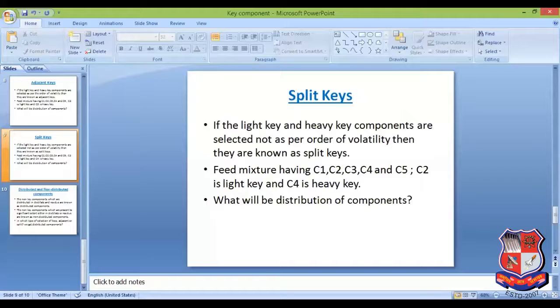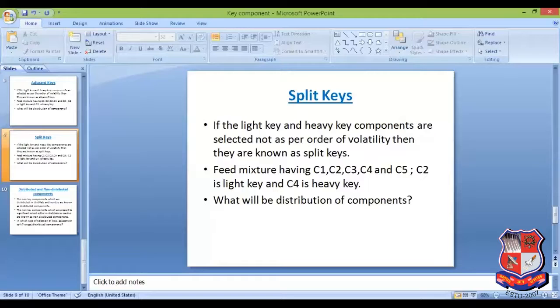So if you look at the previous example and this example, along with C2 and C4, C3 is the component which is distributed between residue and distillate, right? Why is it so? Fine, we want C2 and C4, but C3 is heavier than light key, so it will be there in the residue, and it is lighter than heavy key, so it will also be there in the distillate.